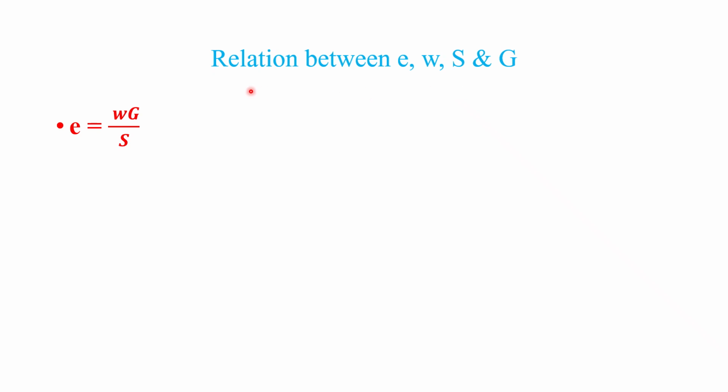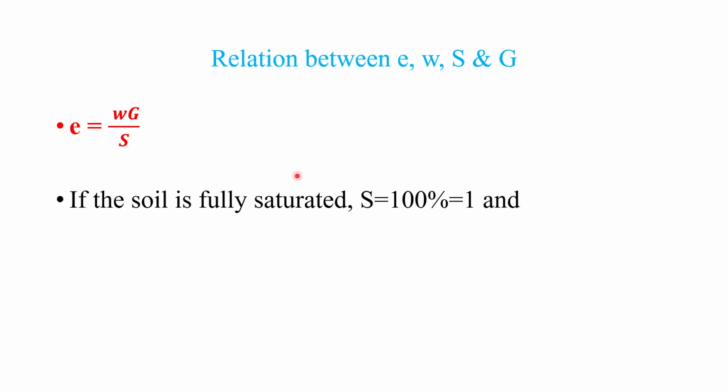That is, void ratio is equal to water content multiplied by specific gravity divided by degree of saturation. If the soil is fully saturated, degree of saturation is equal to 100%, that is S equals 1. In that case, therefore, e equals wG. Let us use this concept to solve the question.